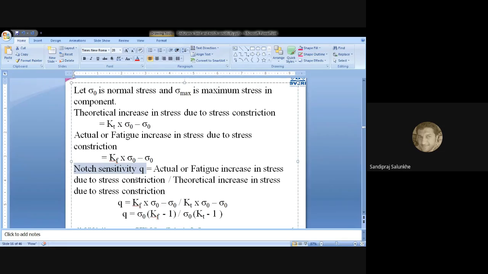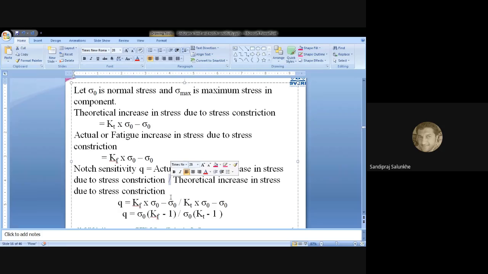For example, in a plate, if you drill a hole, then we can say an abnormality has been created, and it will give rise to stress concentration. So the actual or fatigue increase in stress concentration divided by the theoretical increase in stress concentration, you are going to call notch sensitivity.